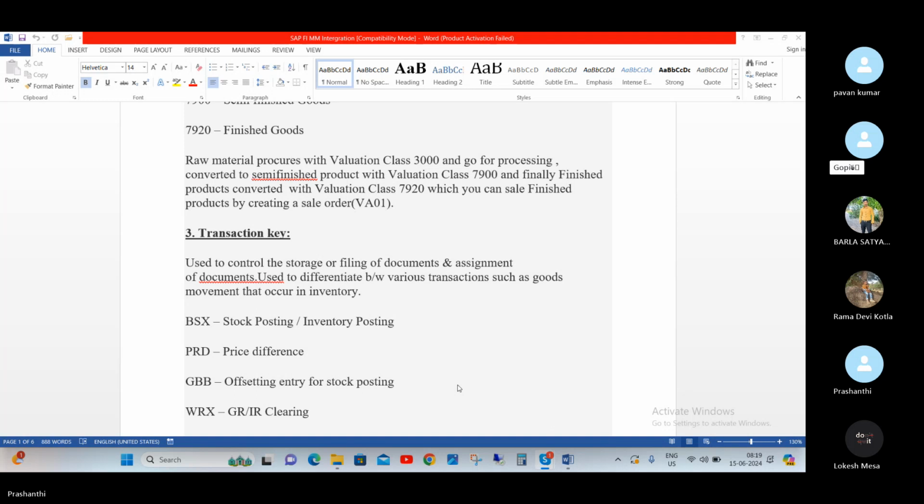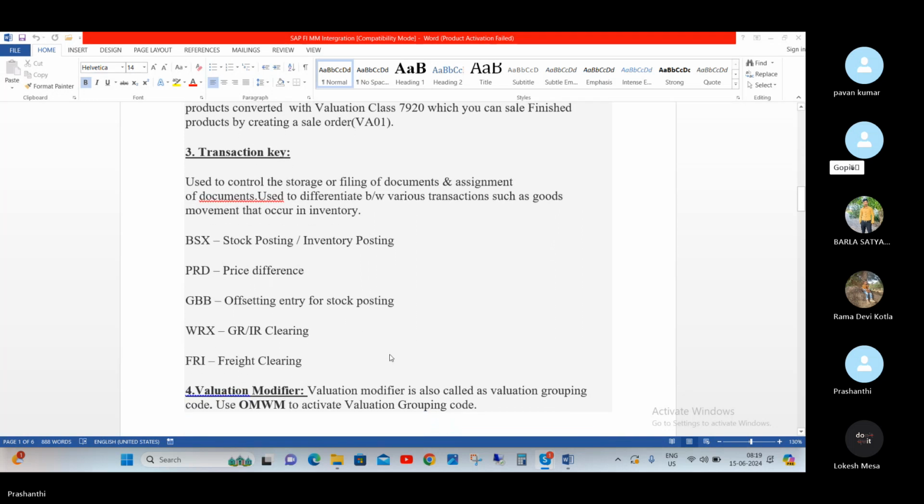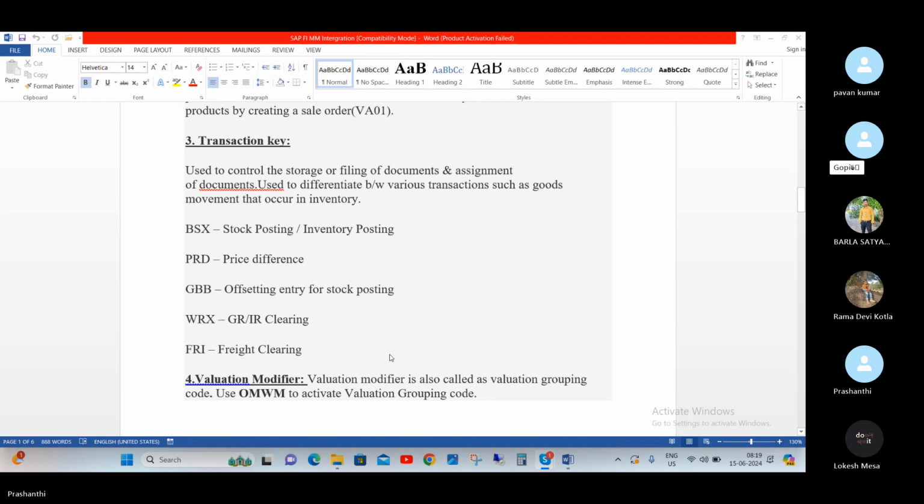Next, transaction key. Transaction key is used to control the storage and filing of a document and to determine between various transactions, such as goods movements that are posted in inventory.